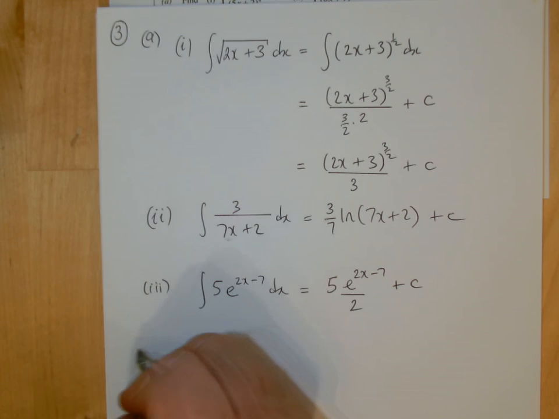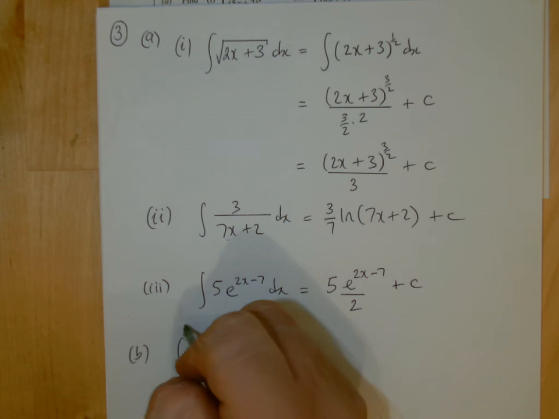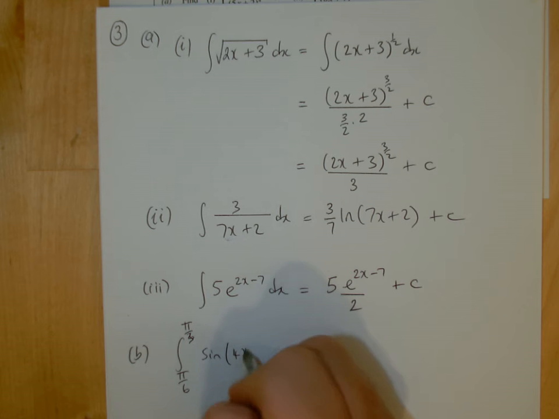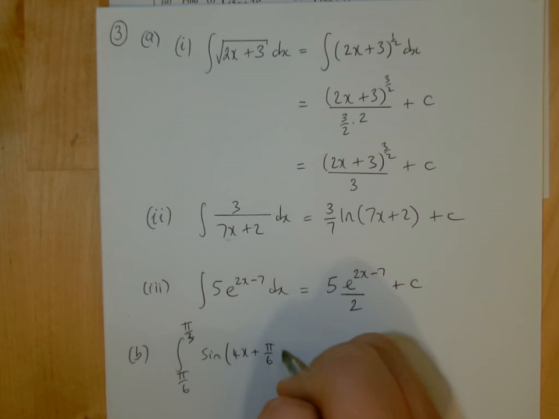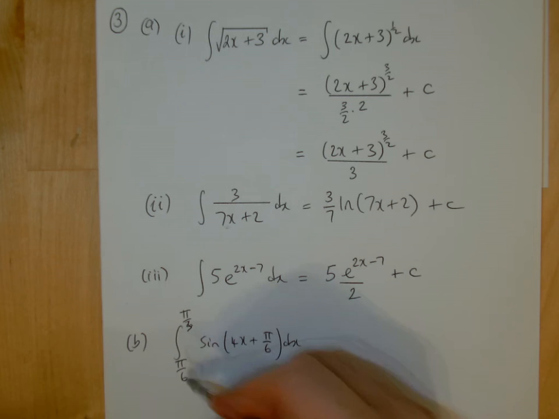Finally then, we've got another evaluation, so we've got to evaluate sine of 4x plus pi over 6 dx, between these limits.